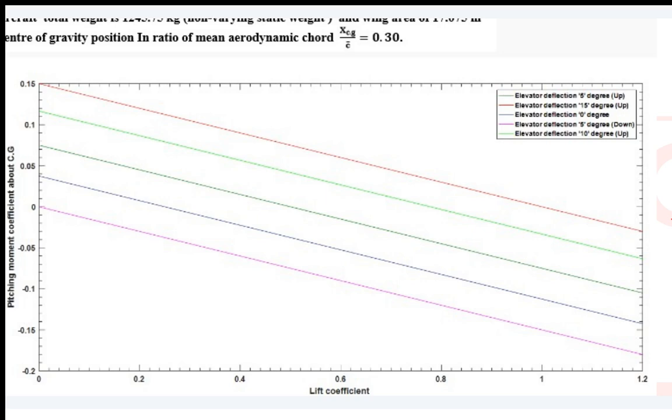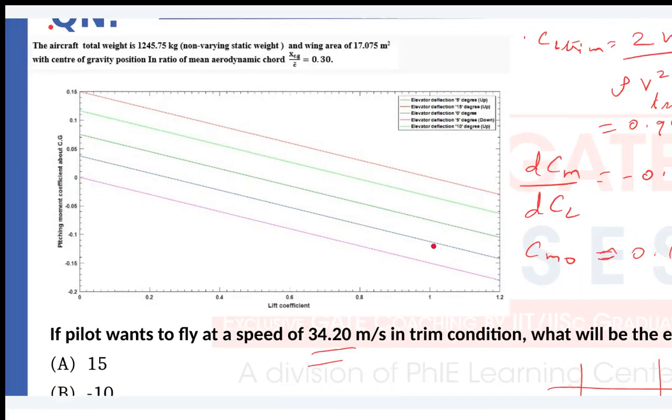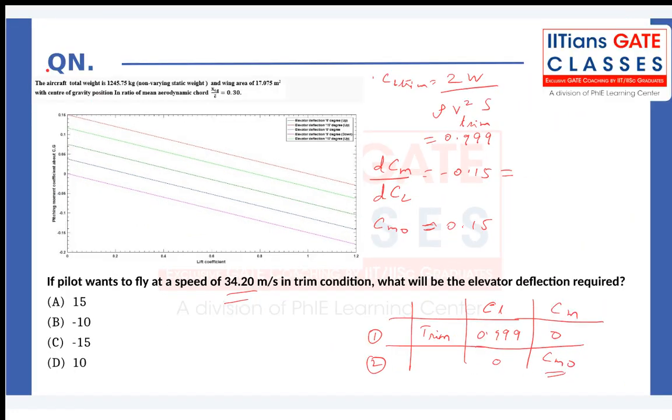What is the equation of a straight line? If I have 2 points and the slope, how do I write the equation of a straight line? Point number one is this and point number two is this, and the slope is this, minus 0.15. How will you write the equation?